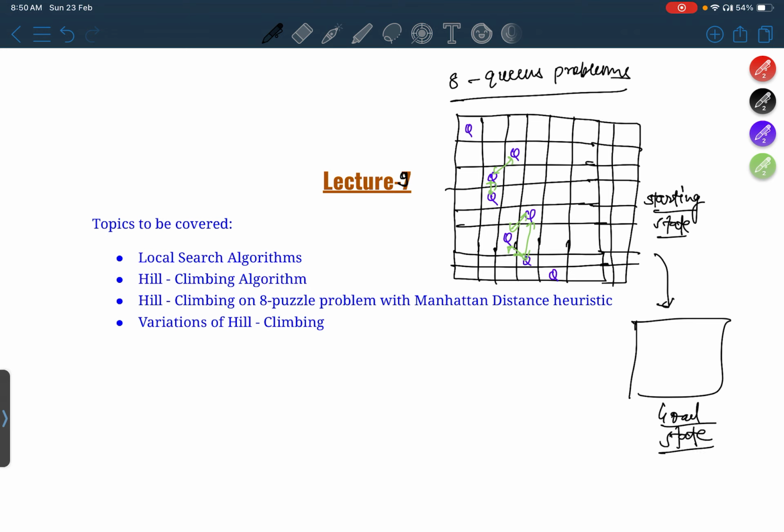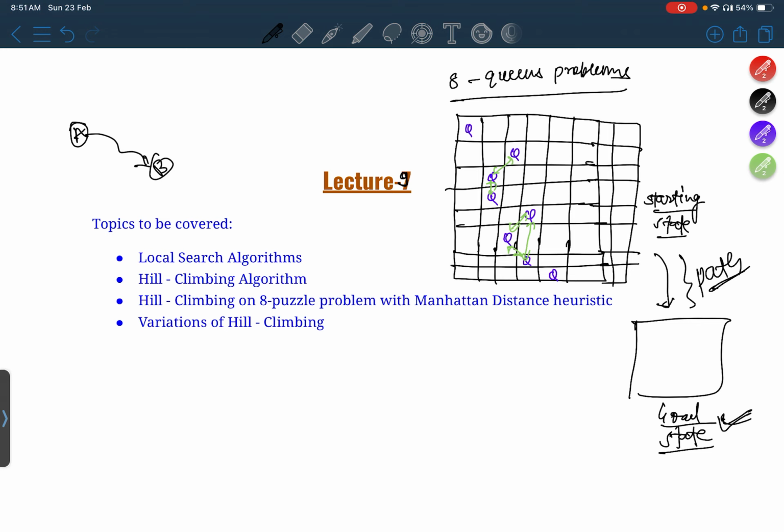So for this problem, we are more interested in the goal itself, not the actual path. This path is not of much interest for us. In the traveling part, when we were going from city A to city B, we wanted to take a path which was lower cost.